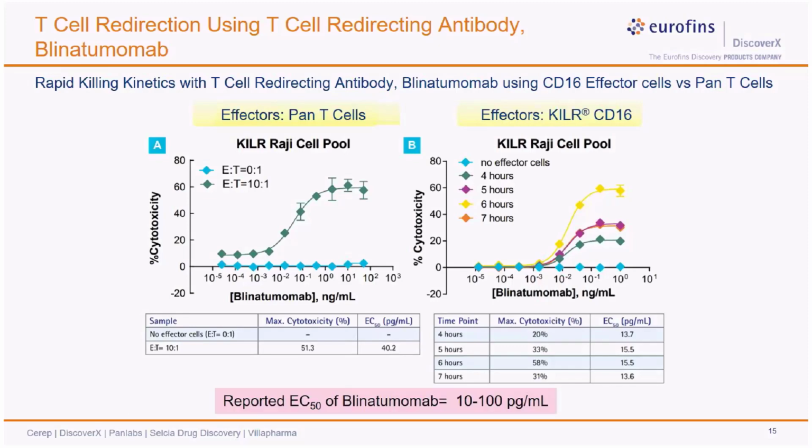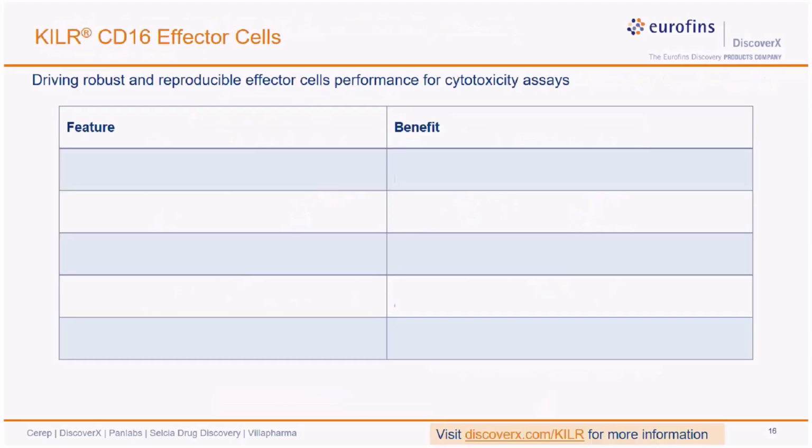Also importantly, the EC50 of blinatumomab as reported in the BLA is between 10 and 100 picogram per ml, and the above assay formats both produced EC50s within this range, thus keeping the pharmacology consistent.